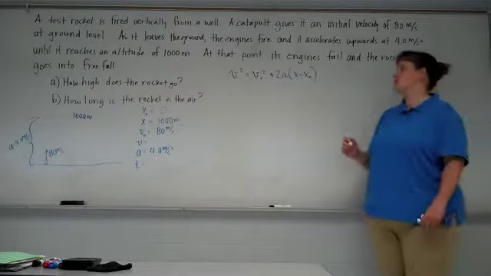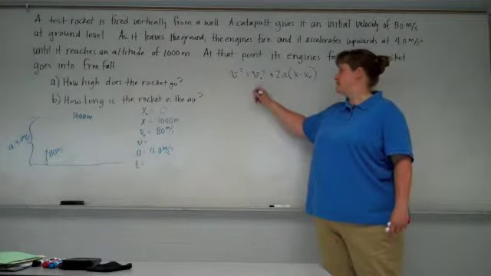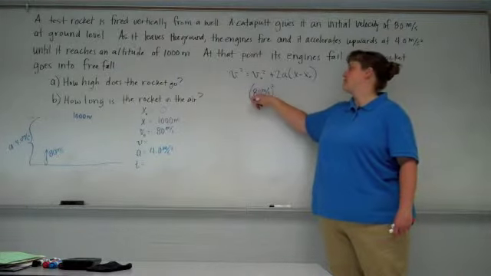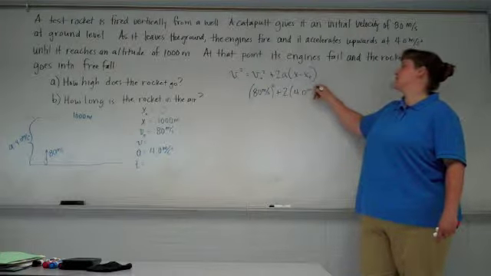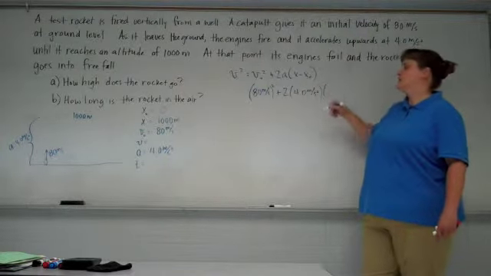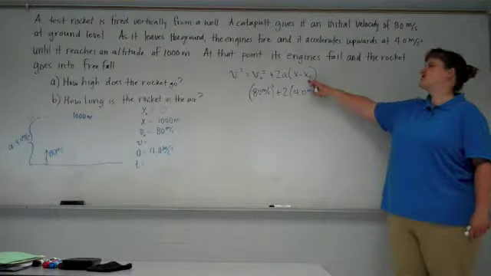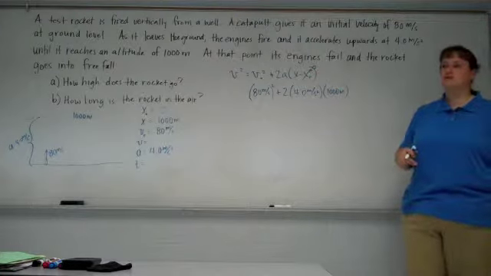So v naught is 80. Acceleration is 4 meters per second squared. Final position is 1,000 meters. Initial position was 0, so I'm not going to write minus 0.